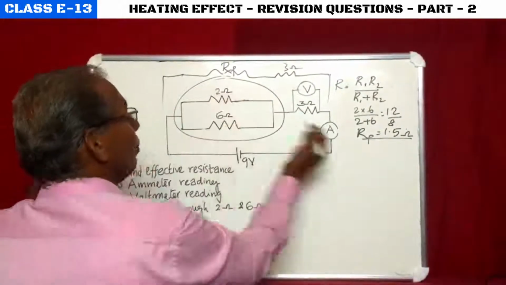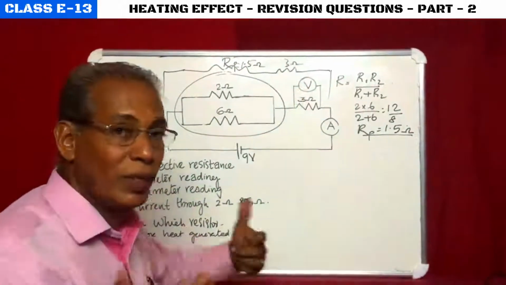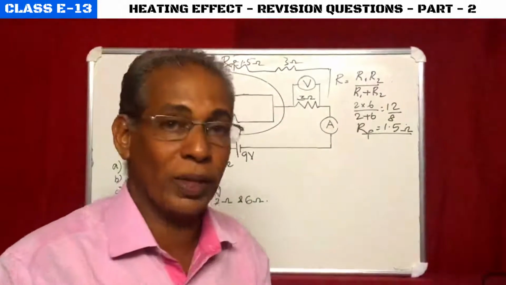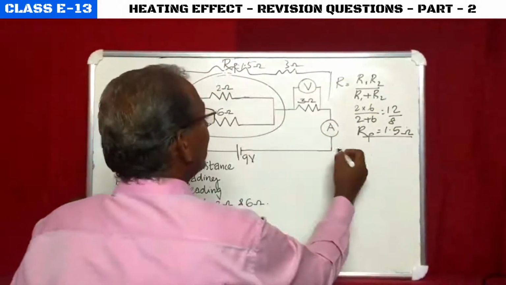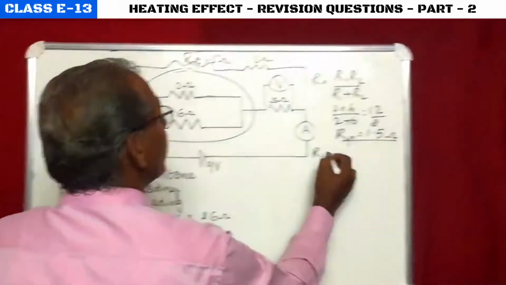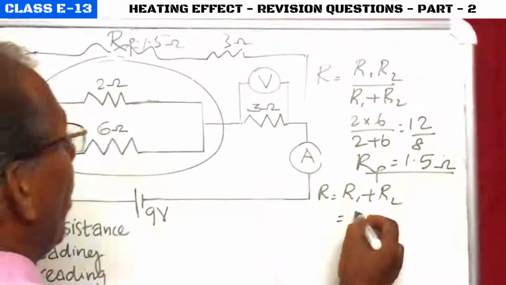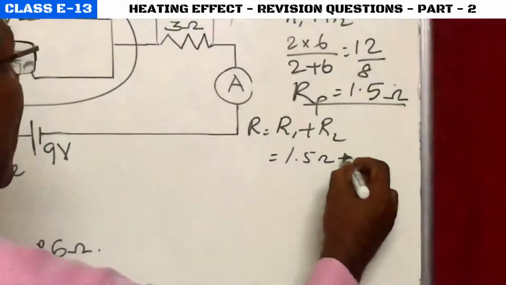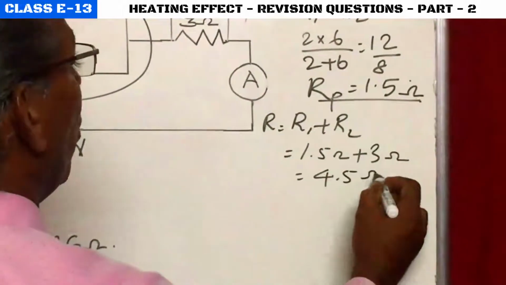Now you can see this RP, 1.5 ohm, and this 3 ohm. They are in series, so we can find the final effective resistance. We know R is equal to R1 plus R2, which is 1.5 plus 3 ohms, that is 4.5 ohms.